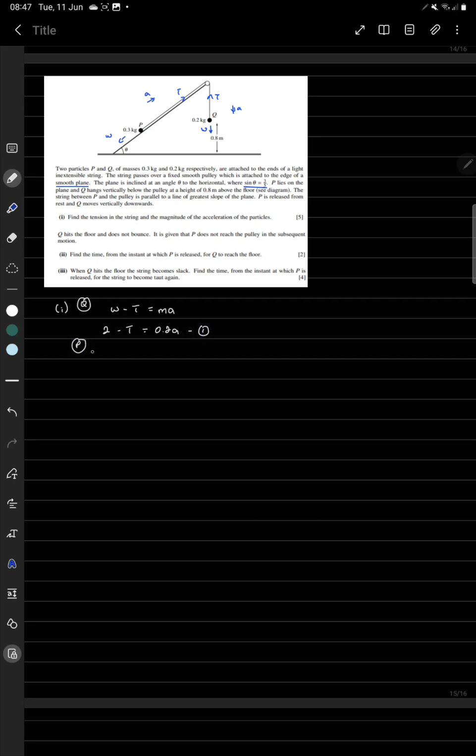Moving on to P. Tension is bigger, right? But weight is smaller, but since it is not in vertical motion, we have to convert the weight in parallel to the slope.